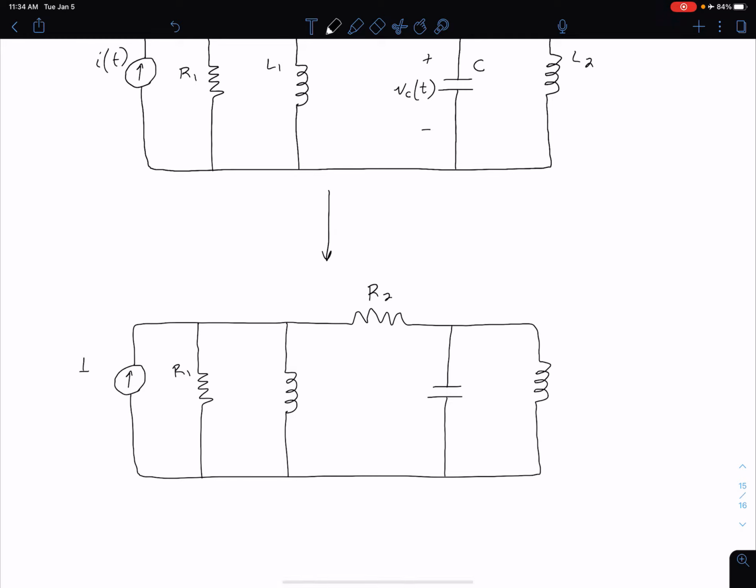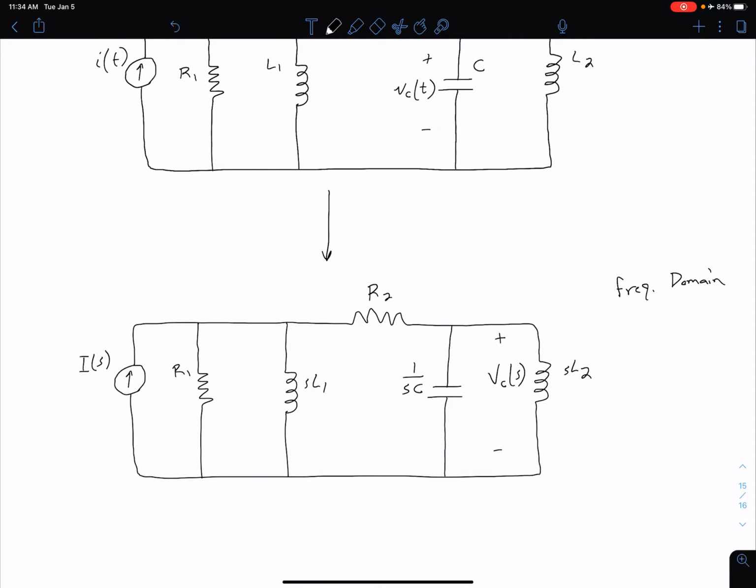Our current source is now I of S. Our inductor impedance, remember, is S times L, so this is L1, and this is S times L2, and our capacitor impedance is 1 over SC. So 1 over SC. And of course we're interested in our capacitor voltage, which is now V sub C of S. So now we've transferred our circuit to our frequency domain.